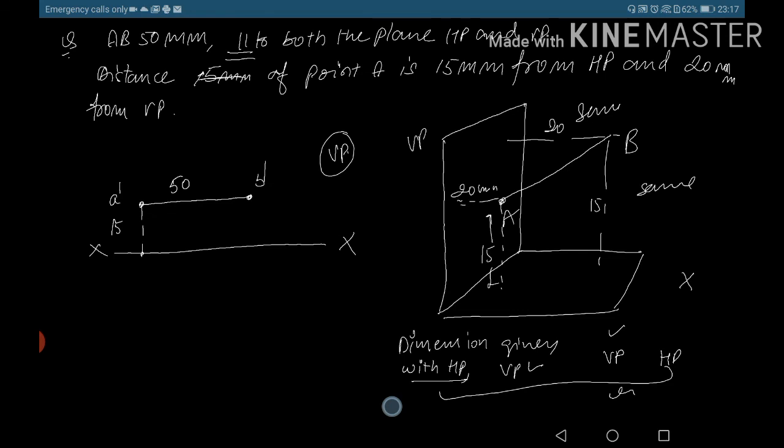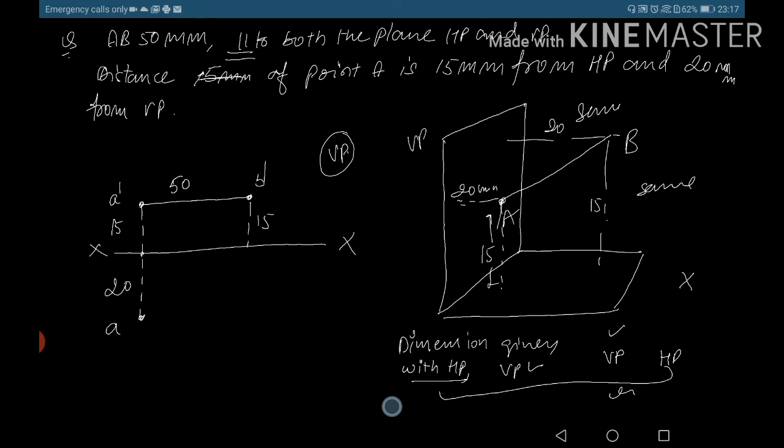ओके, दूसरा पॉइंट क्या हो जाएगा? B डैश हो जाएगा. क्योंकि लाइन पैरेलल है तो ऑटोमेटिकली ये डिस्टेंस भी क्या हो जाएगा? 15 हो जाएगा. यानी जो मेरे पास HP से डिस्टेंस दिया हुआ था 15, वो मैंने VP के अंदर यूज़ कर लिया. अब VP से डिस्टेंस क्या दिया हुआ है? 20, तो इसी से मैं 20 नीचे आ जाऊँगा. ओके, सो ये पॉइंट क्या हो जाएगा मेरा?